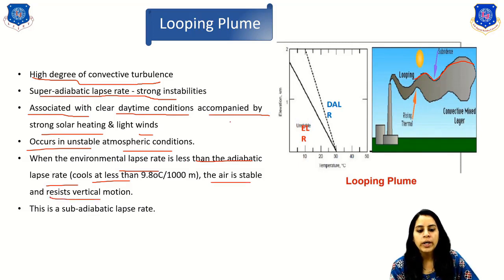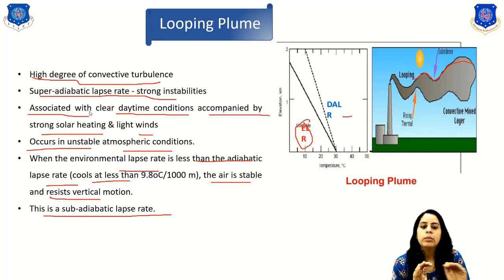Here you can see the environmental lapse rate, which is less than the dry adiabatic lapse rate. This is a sub adiabatic lapse rate, right? Now the air that is lifted vertically will remain cooler, and therefore it is more dense than the surrounding air.